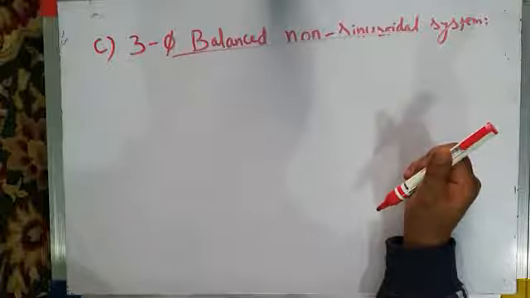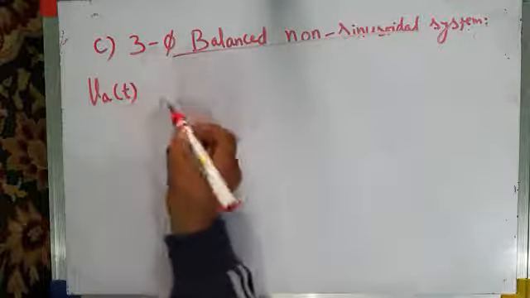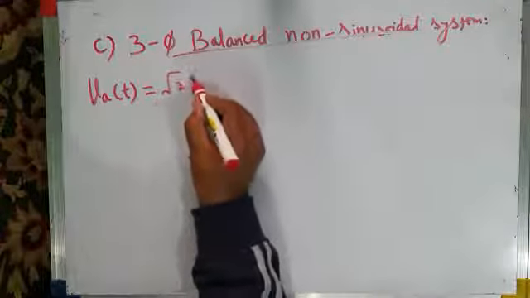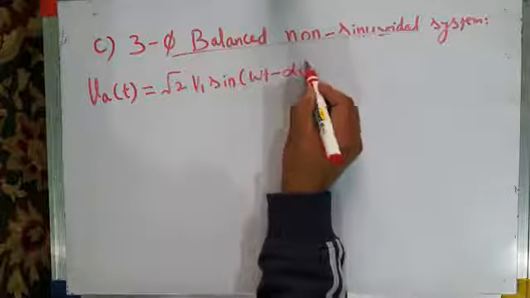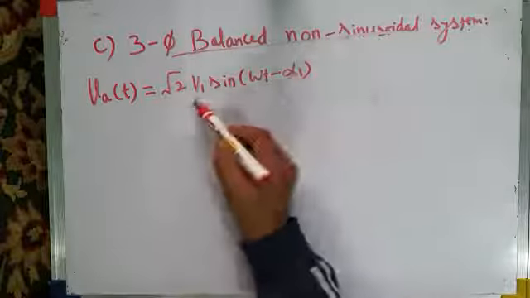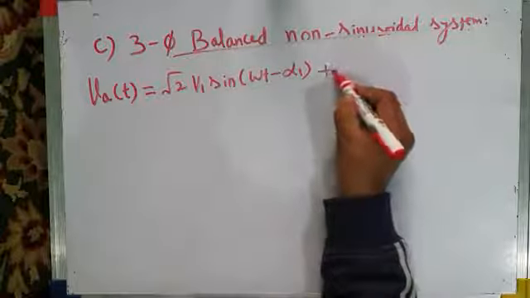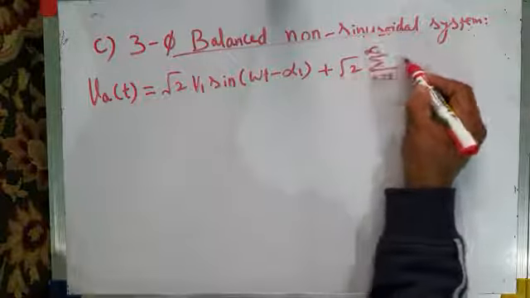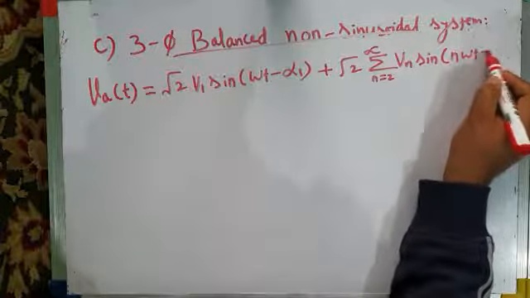Now a balanced three-phase non-sinusoidal system is represented by the following set of equations. Since our phase voltages, source voltages, are distorted, we can write phase A voltage vA(t) equal to root 2 V1 sine of (omega t minus alpha 1), where alpha 1 is the phase angle of this voltage vA(t), plus root 2 times summation n equal to 2 to infinity Vn sine of (n omega t minus alpha n).